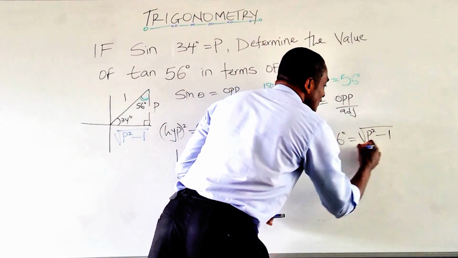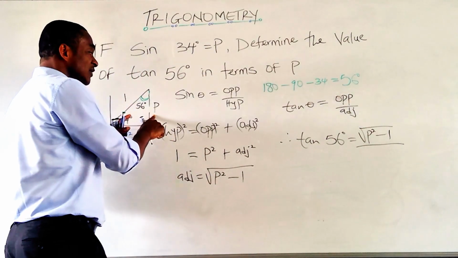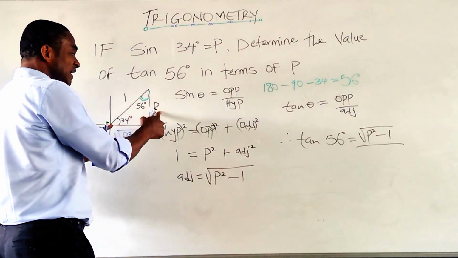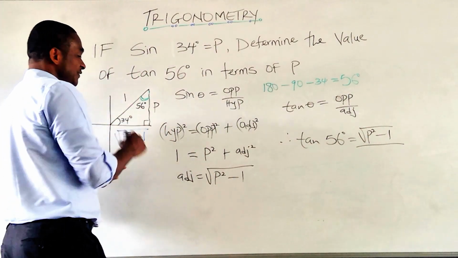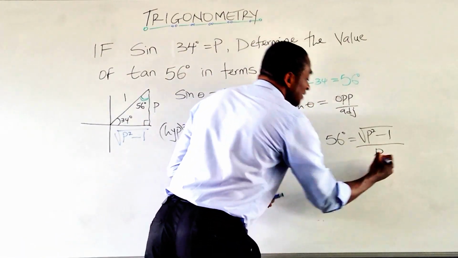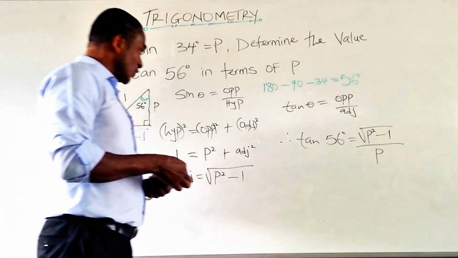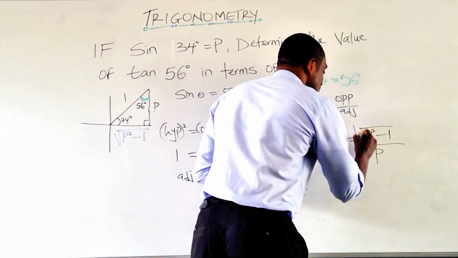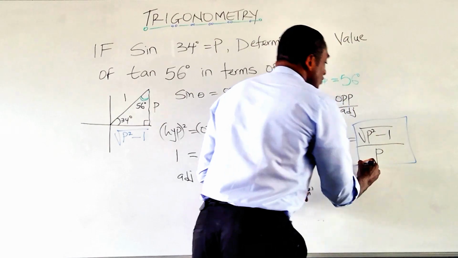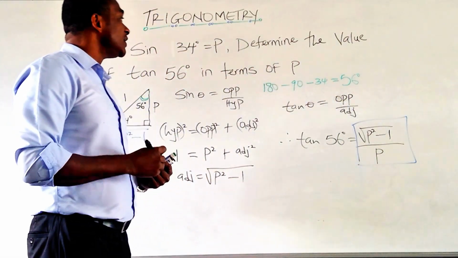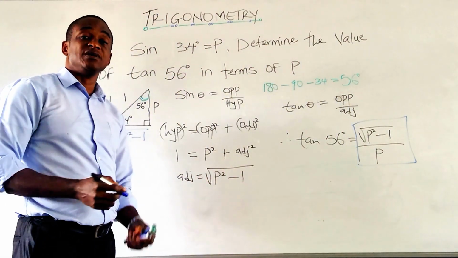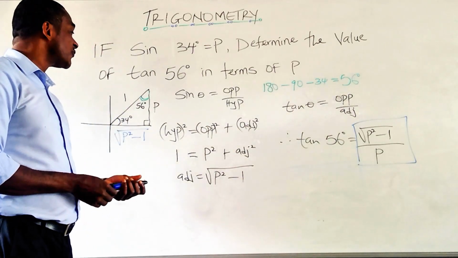And the adjacent of angle 56 is p. So tan of 56 will actually give us what we have here: the square root of 1 minus p squared over p, in terms of p. And this is how to solve this type of problem.